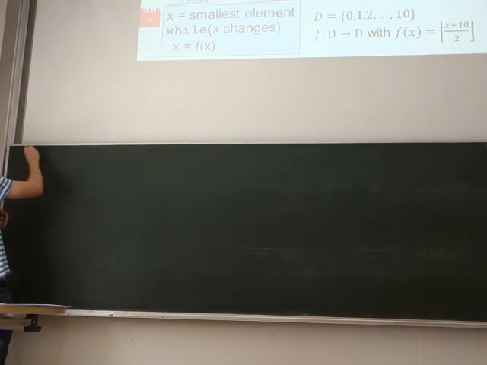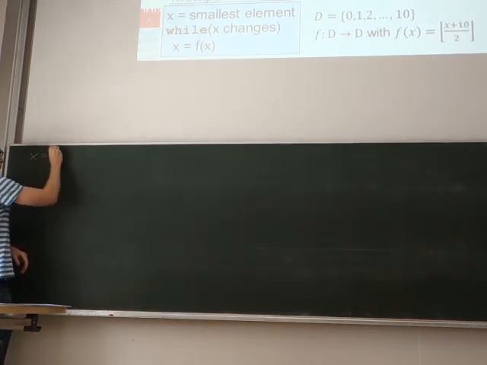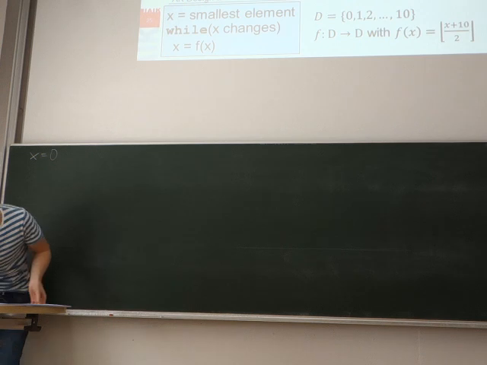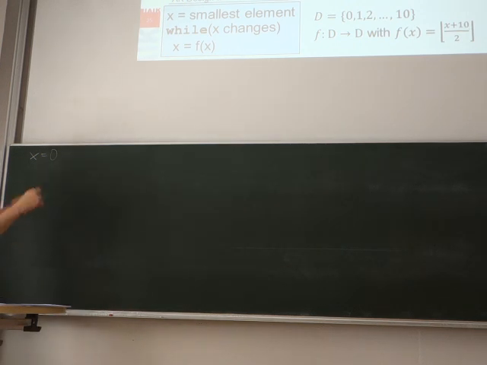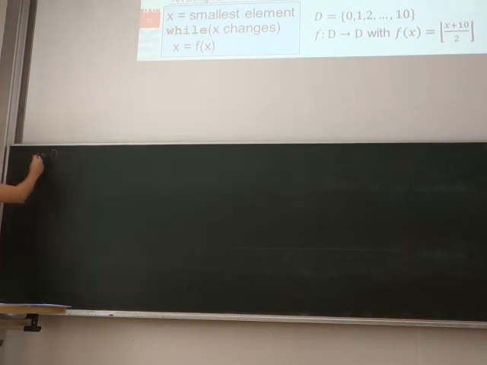We start with x as the smallest element in our domain, which is 0. Smallest, yeah, for integers this has some natural meaning anyway. I will also number the different versions of x. What our algorithm now does is it computes a new x by applying f on the old x.